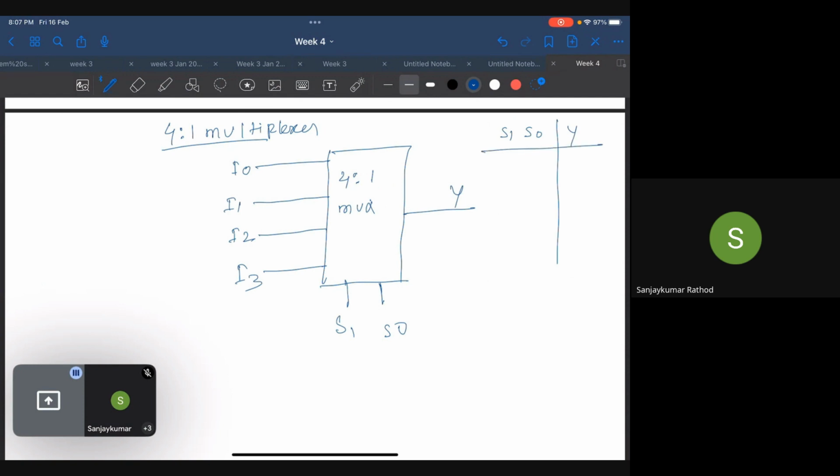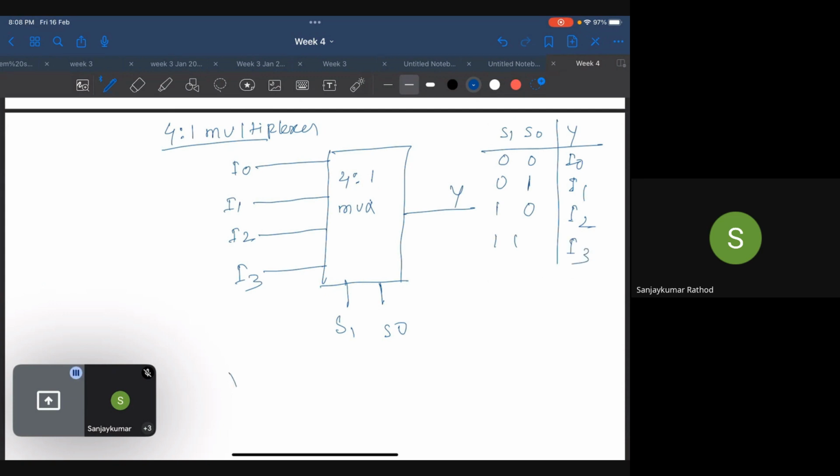When S1 and S0 are both 0, I0 will be selected. When S1 is 0 and S0 is 1, I1 will be selected. When S1 is 1 and S0 is 0, I2 will be selected, and when both are 1, I3 will be selected.